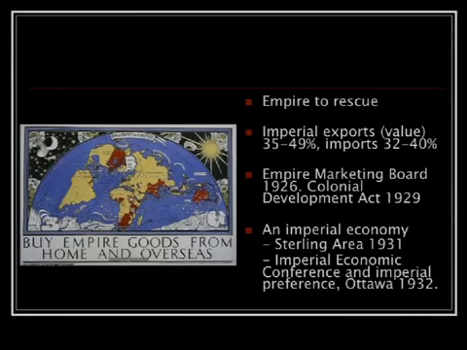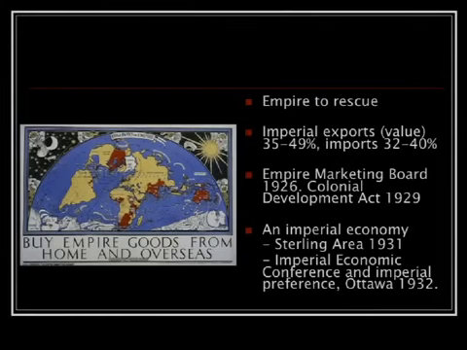primarily the dominions, Australia, New Zealand, Canada, South Africa, were not subject to protectionist tariffs. And they created this new currency unit called the sterling area. So all of these countries now became part of a sterling area. They all traded in sterling.